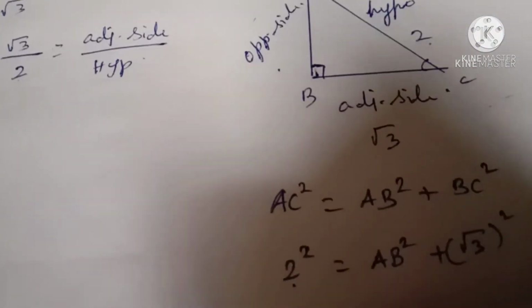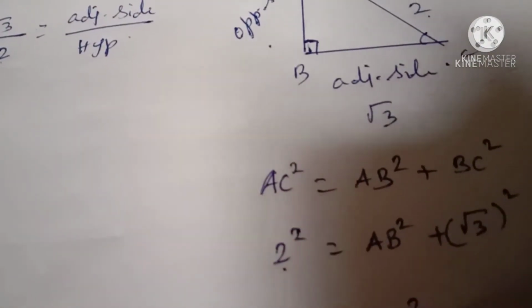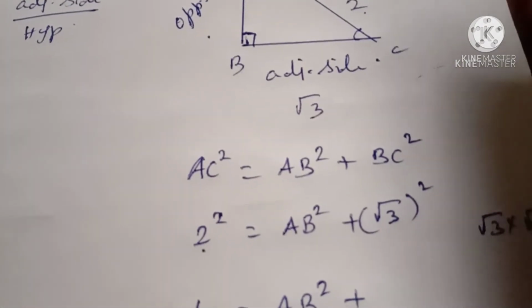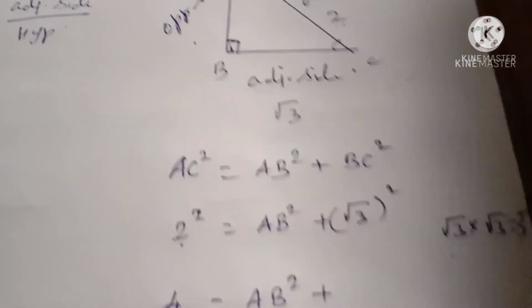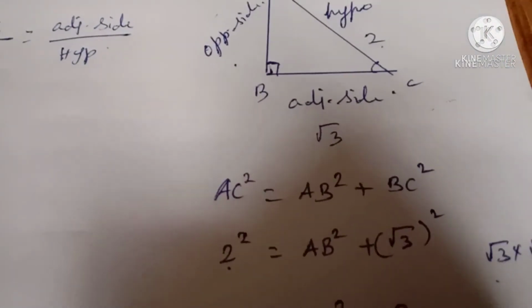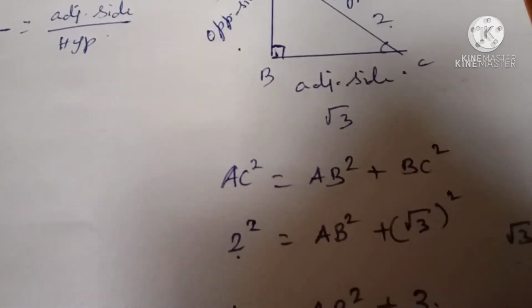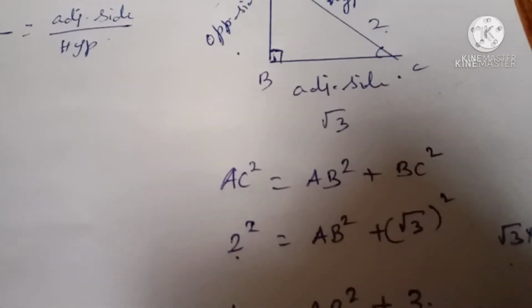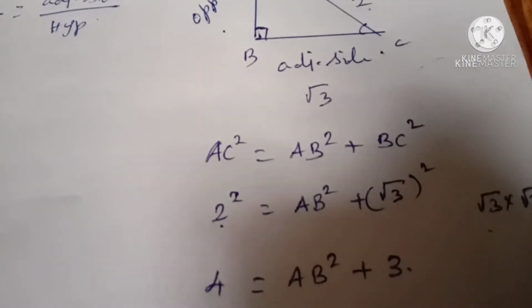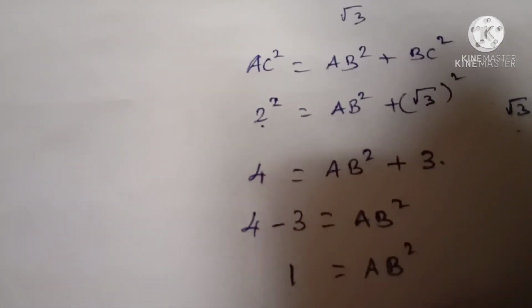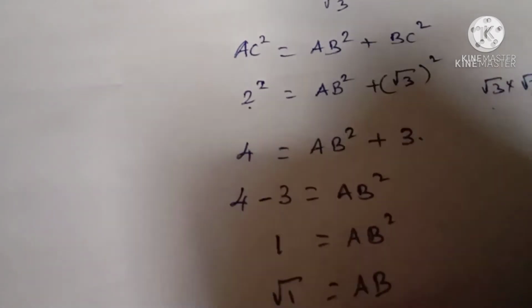So 2 2s are 4, equal to AB square plus root 3 into root 3, which is 3. If you bring this 3 to your left hand side, minus 3. Therefore, AB square is equal to 1. We need the value of AB. The square root of 1 is 1. Therefore, AB is equal to 1. The opposite side value is 1.